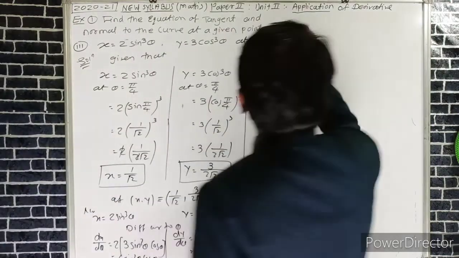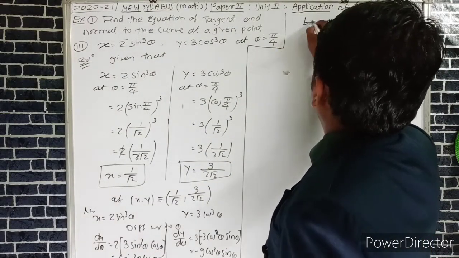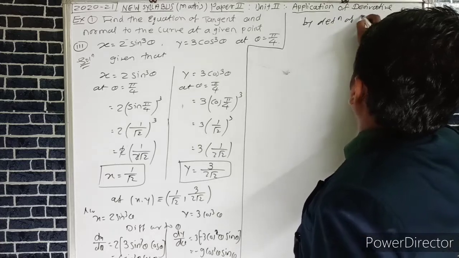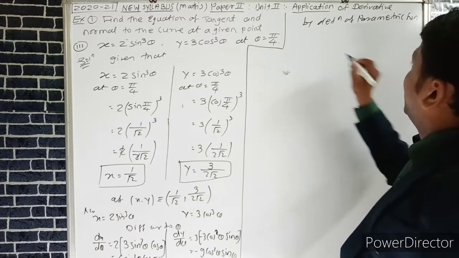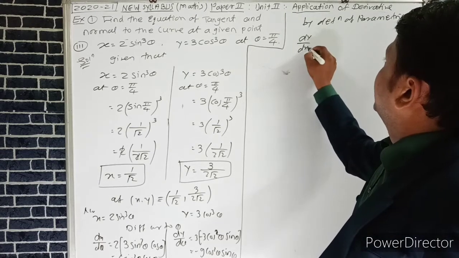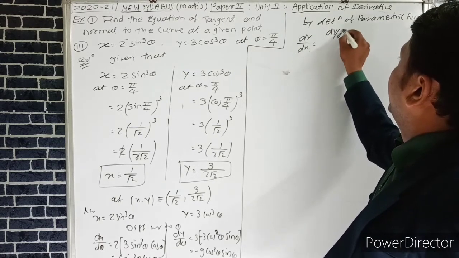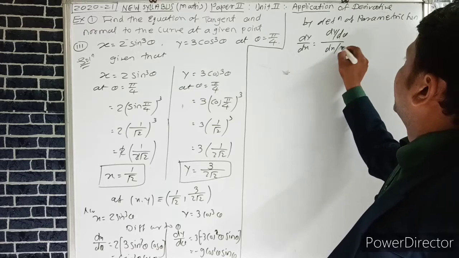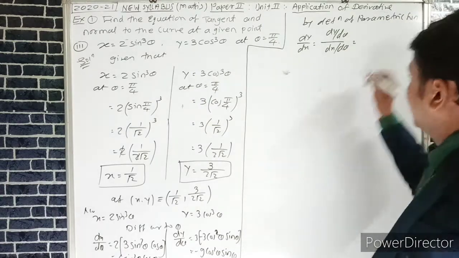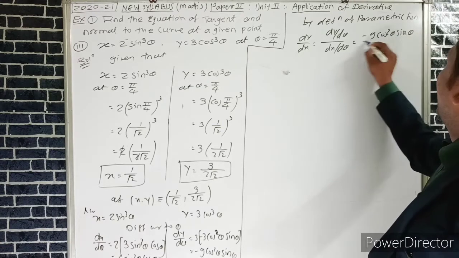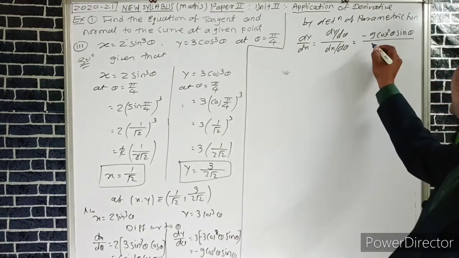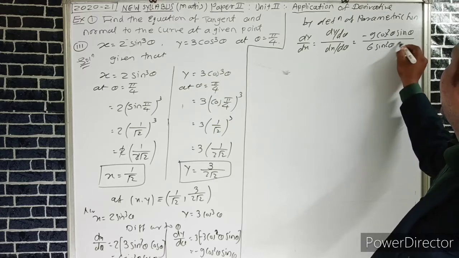But by using the definition of a parametric function, we can write dy upon dx is equal to dy by d theta upon dx by d theta. Here dy by d theta is minus 9 cos square theta into sin theta upon dx by d theta, 6 sin square theta into cos theta.